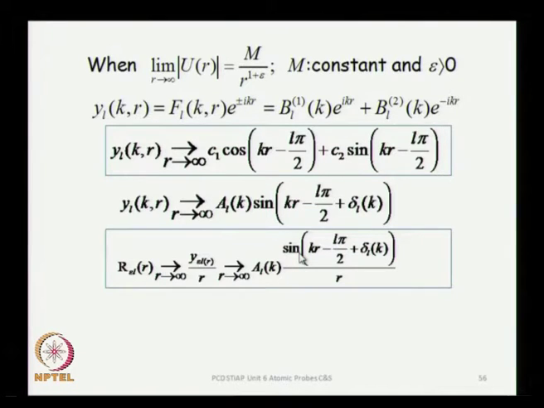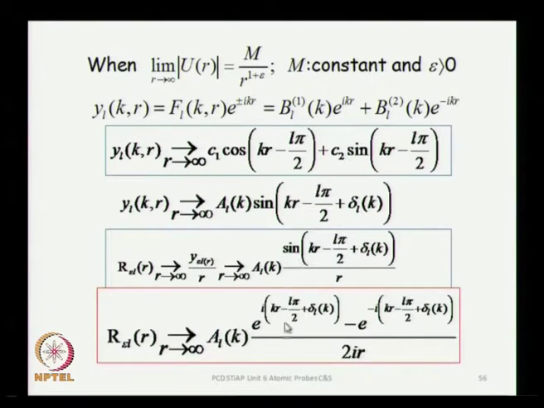You can write this sinusoidal function again in terms of spherical outgoing waves and spherical ingoing waves, and this is the form that we used in our analysis in our previous class, okay. So the phase shift does not come out of the blue, it is directly a consequence of the scattering potential.